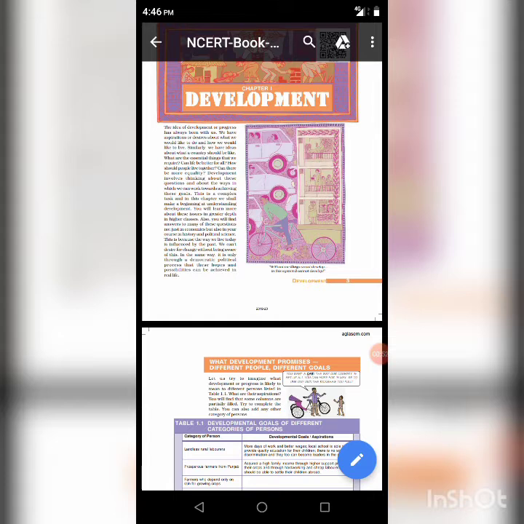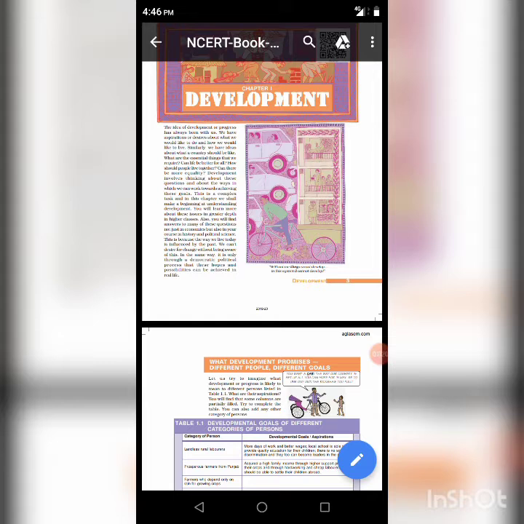What development promises differs for different people, who have different goals. People seek things that are most important for them, that is, that which can fulfill their aspirations or desires. In fact, at times, two persons or groups of persons may seek things that are conflicting.